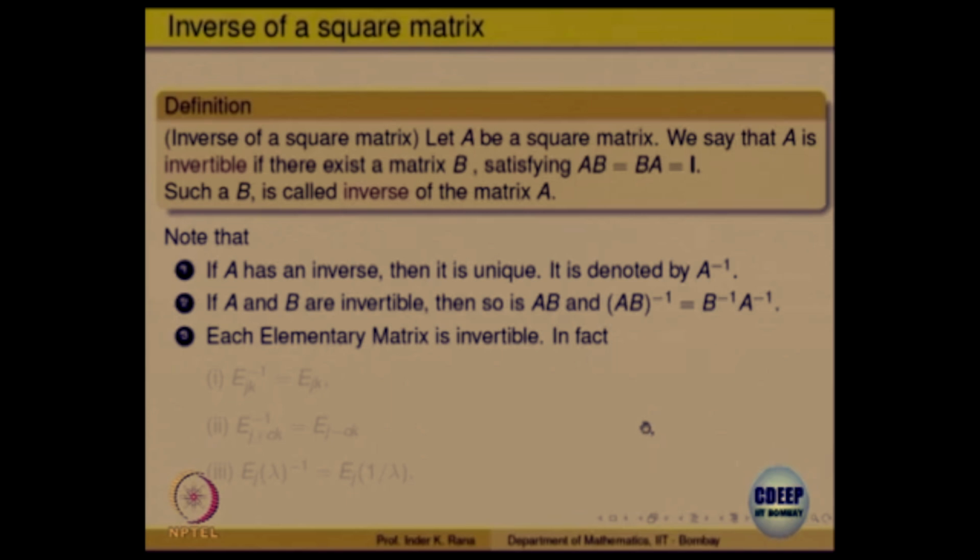Now let us look at elementary matrices. What were the elementary matrices? We took an identity matrix, and for example, we interchange the ith row with the jth row. We got an elementary matrix. Is that new matrix invertible?